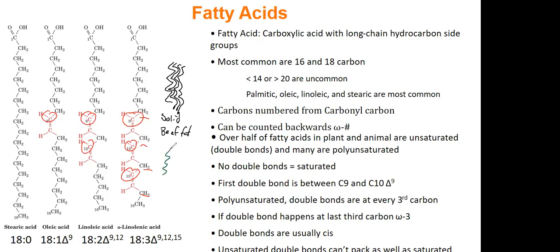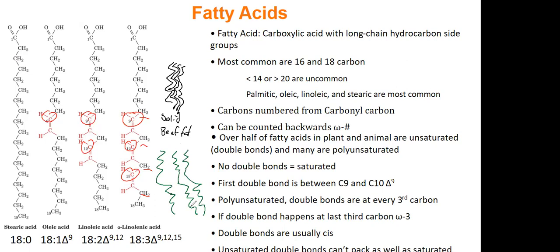Unsaturated fatty acids, because of their double bond, have a kink. Because of that kink, they can't pack. Actually, the kink is more pronounced than that. Let me do a better job. The kink is way more pronounced than that. It's something like that, where you just get a tail going off at a 60 degree angle.